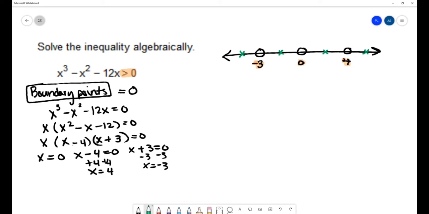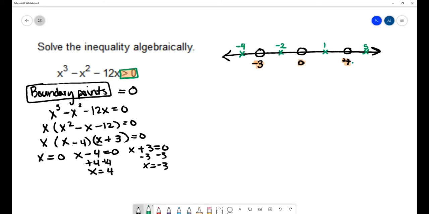We're going to test these intervals to see whether they are greater than 0 or less than 0. So I want to pick a number that's less than negative 3, like negative 4. Something in between negative 3 and 0, like negative 2. Something in between 0 and 4, like 1. And something greater than 4, like 5.